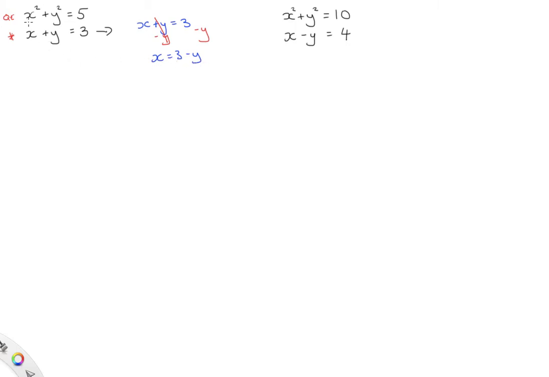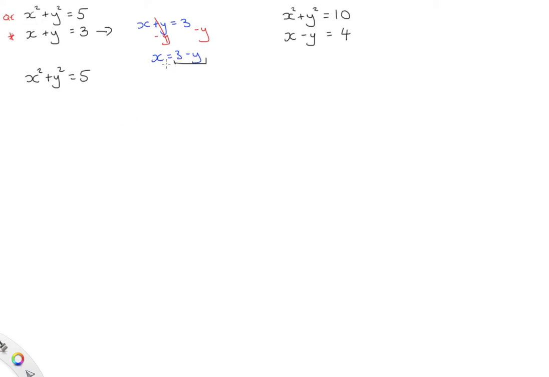Now, if we have a look at x squared plus y squared equals 5, we're going to write that down again just here. x squared plus y squared equals 5. Okay. Now we've just figured out that x is equal to 3 minus y.